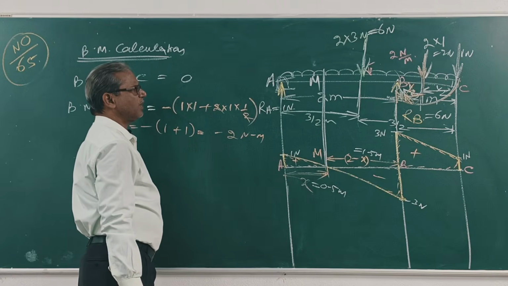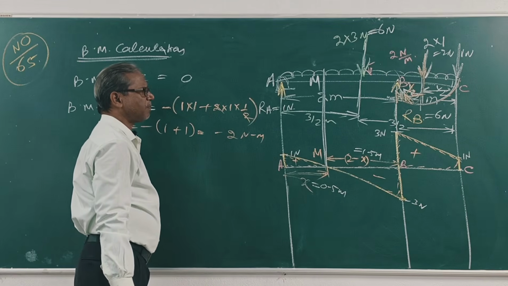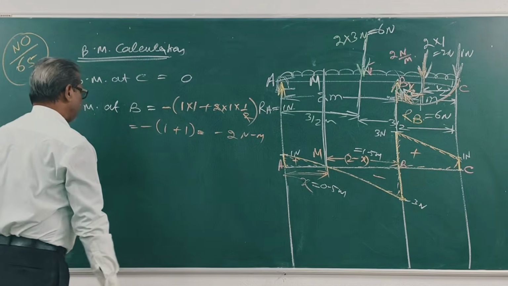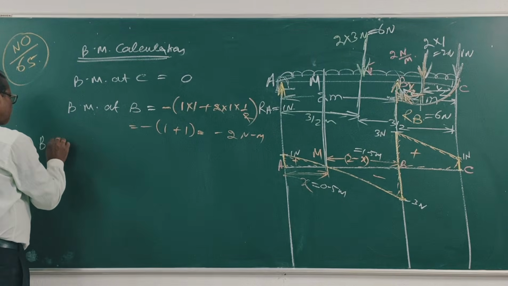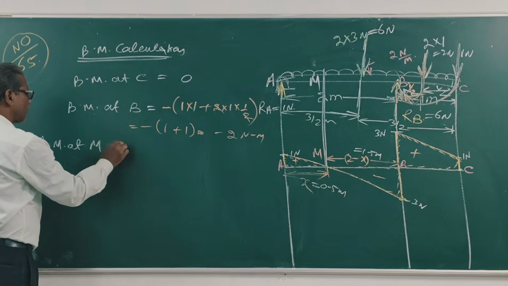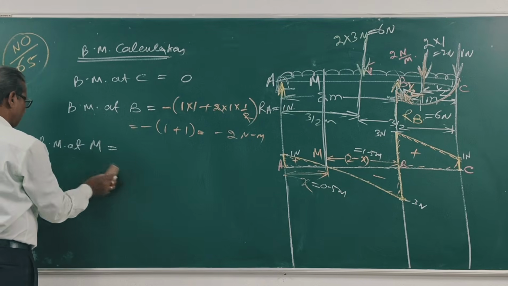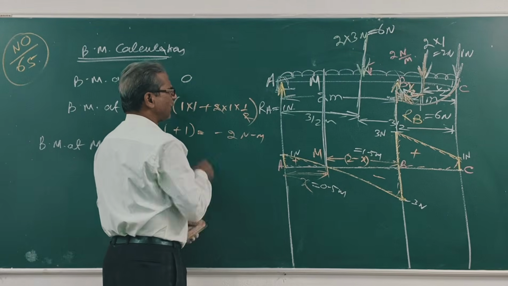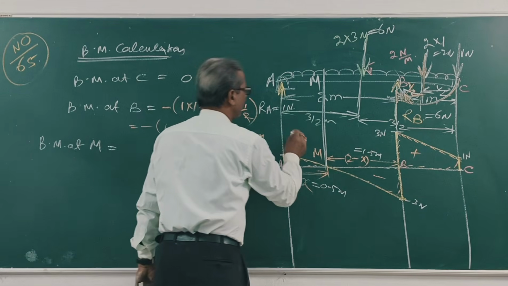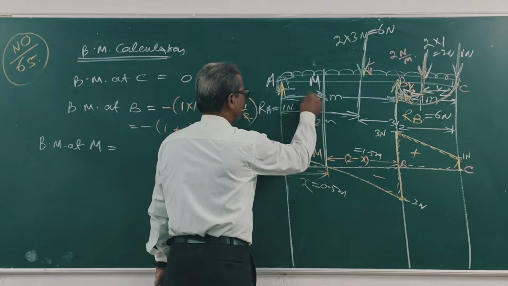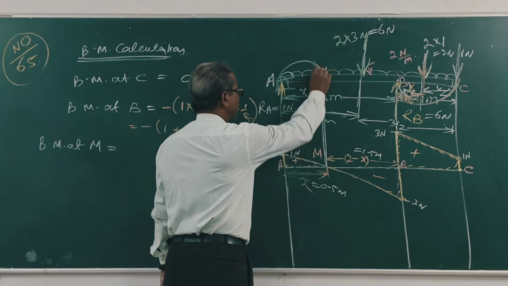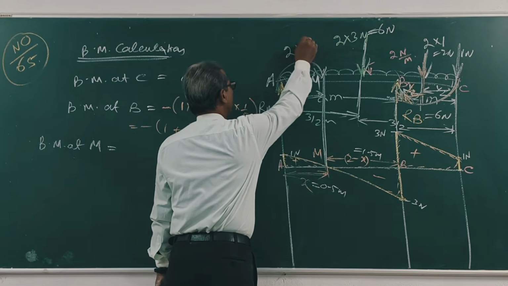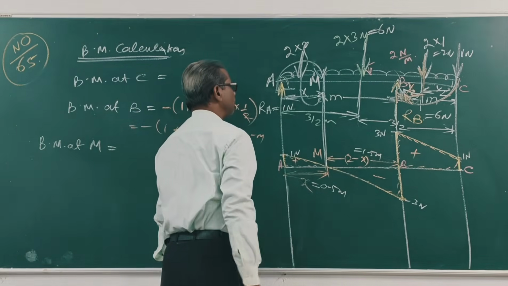Clear? Next, at M, BM at M, this 1 x minus this 2 x into x by 2.